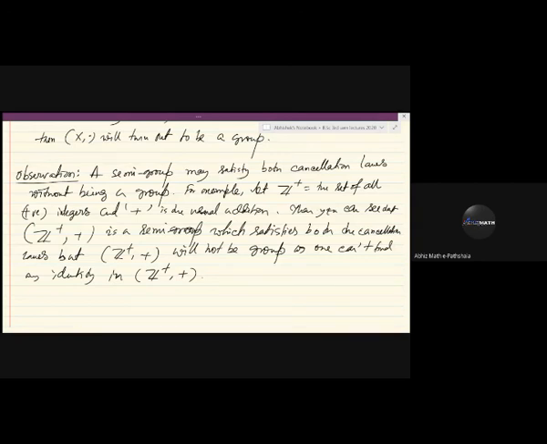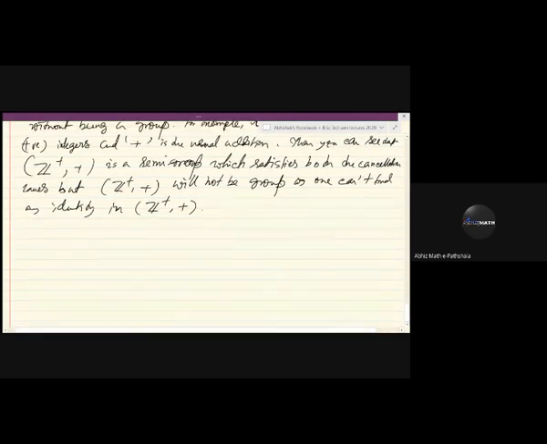Just check on your own. Also note that a monoid may satisfy the cancellation laws without being a group.